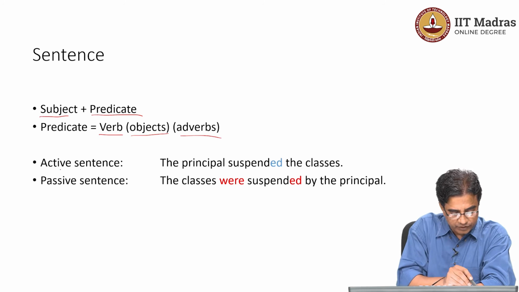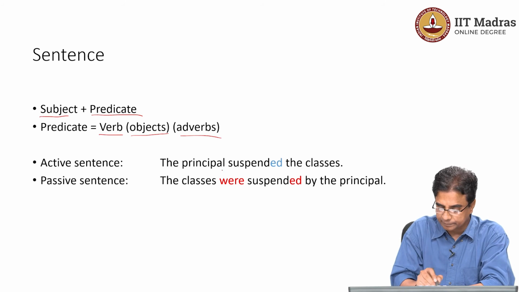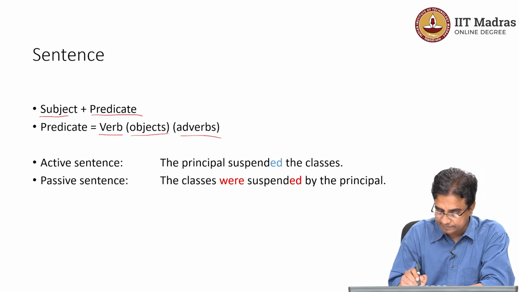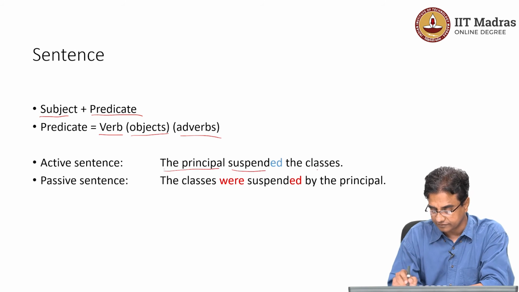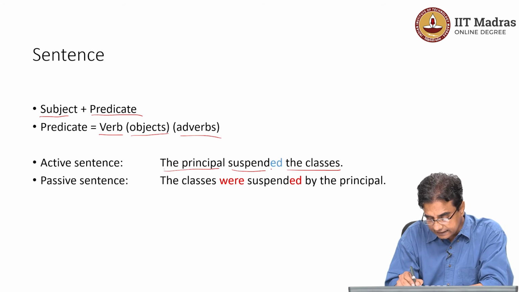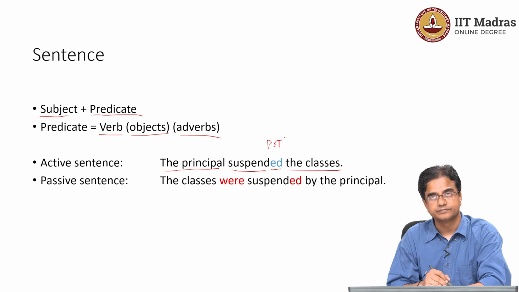Now look at an active sentence: the principal suspended the classes. Here, principal is the subject, suspend is the verb, and the classes is the object, where this -ed tells you that this is the past tense mark.